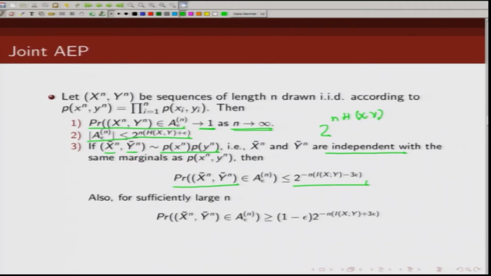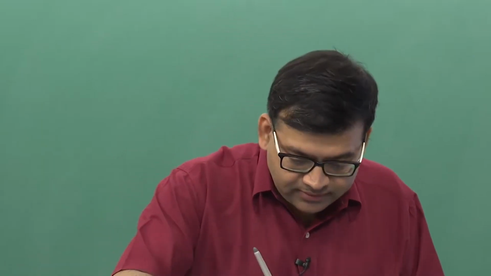Or you can also say that if x^n tilde and y^n tilde are independently drawn, the probability that they are jointly typical is upper bounded by this probability. So we are going to prove one by one each of these properties of jointly typical sequences.